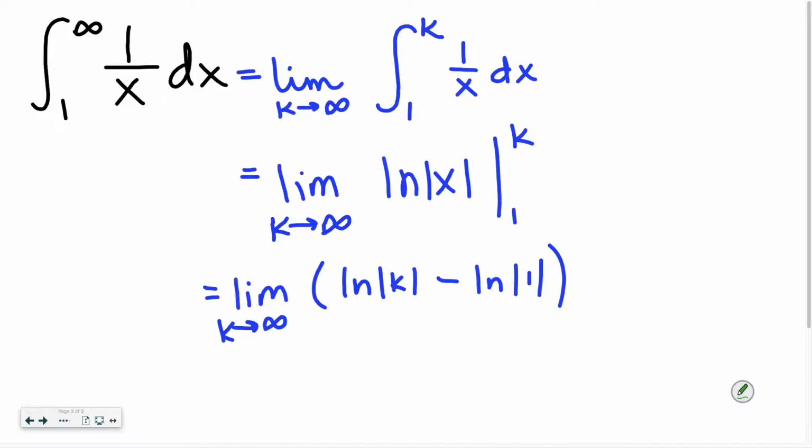What is the limit as k approaches infinity of the natural log? Okay, so our limit is infinity, which means the area under the curve goes to infinity. Since our limit is infinity, we say that this integral diverges.